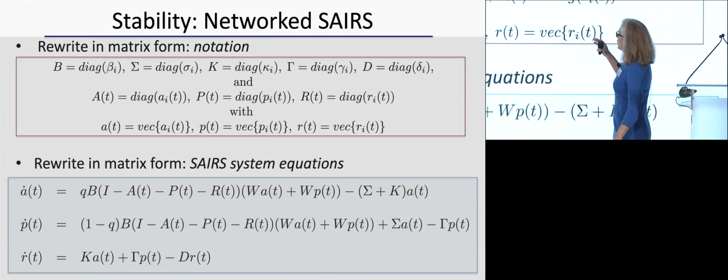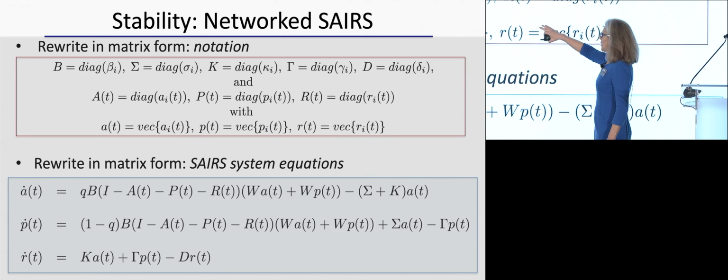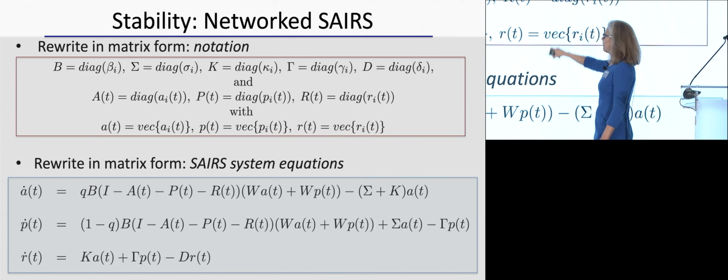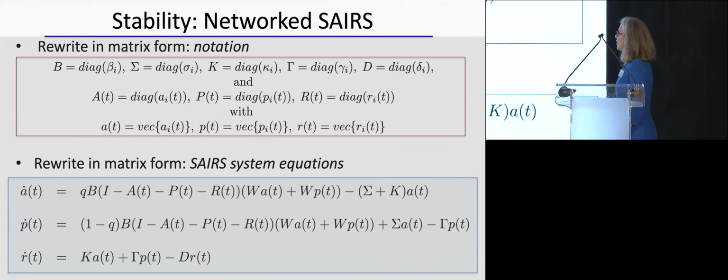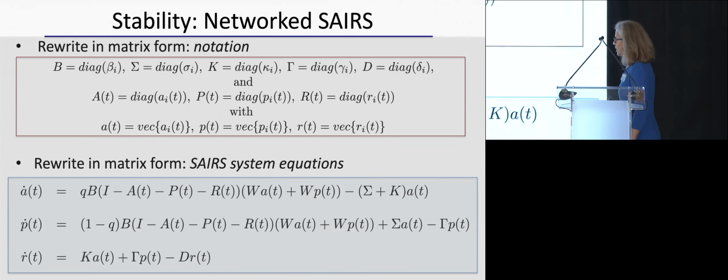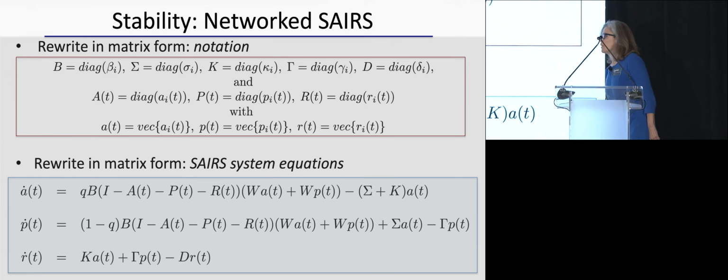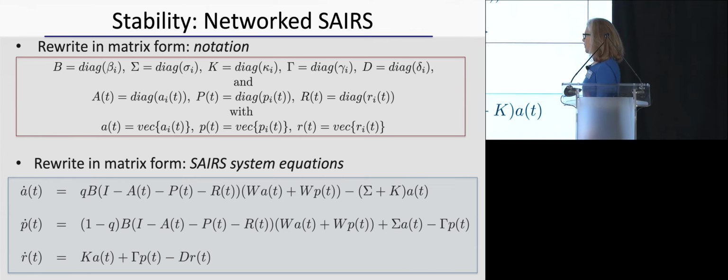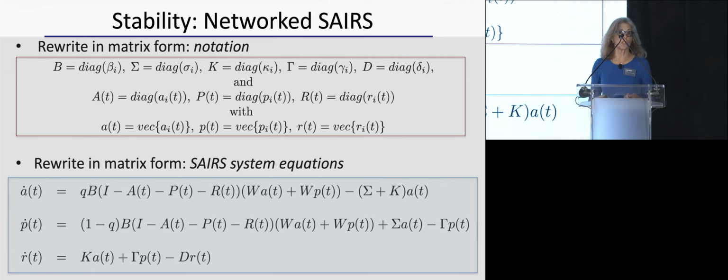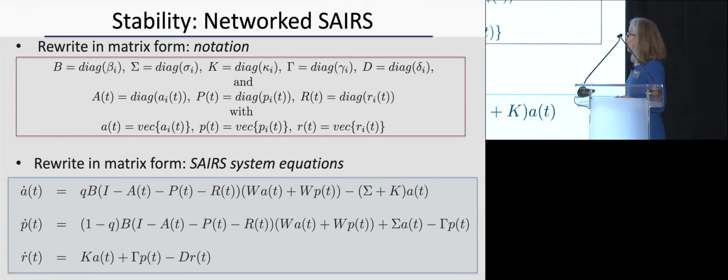And then we stack up the variables, the asymptomatic, symptomatic, and recovered dynamic variables of the system also in matrix and vector notation. So that gives us a set of 3 vector differential equations describing the dynamic process over a larger networked population.